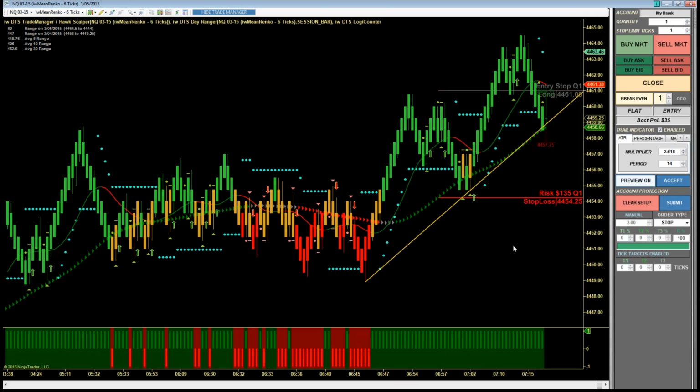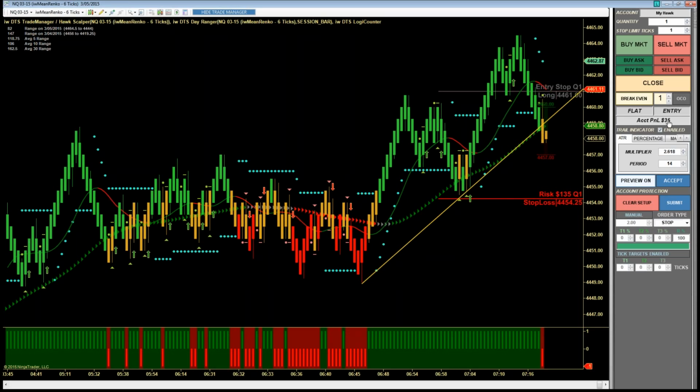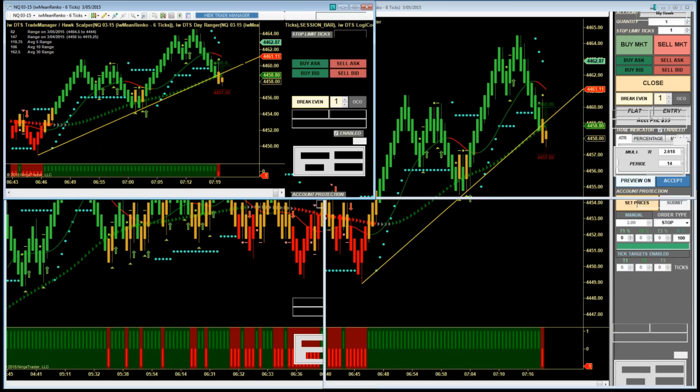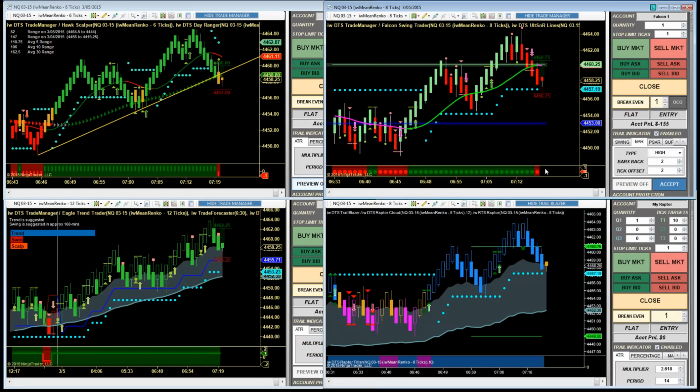Is it worth $135 to give that a poke? All right, now it's into yellow bars, so I don't even need to worry about it. But you'll start to see patterns in your trading. You'll see patterns in how you do things, good patterns and bad.